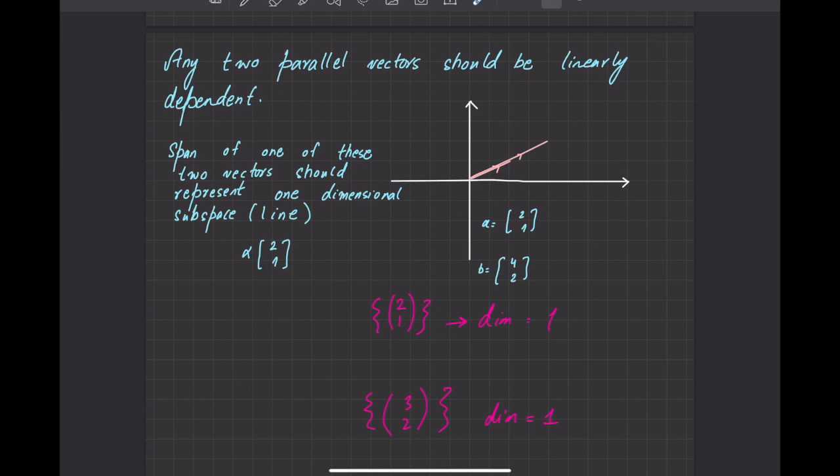But if you have two vectors which are parallel to each other, they are linearly dependent vectors, and that means they do not represent the whole two-dimensional vector space, they only represent a one-dimensional line, and hence the dimension of that particular subspace should be one.